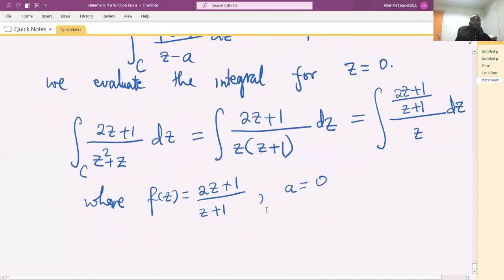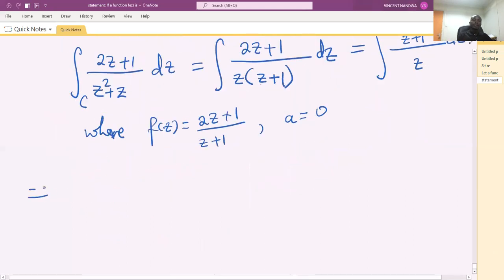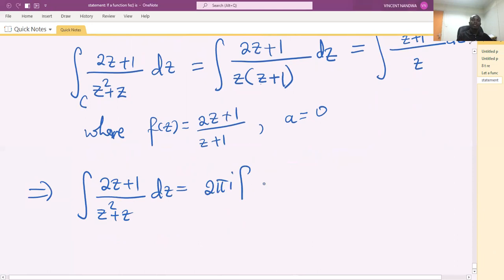Which means that the integral of 2z plus 1 over z squared plus z dz will be 2 pi i f of a, our a is 0, which will be 2 pi i times f of 0. So this is the f of z.